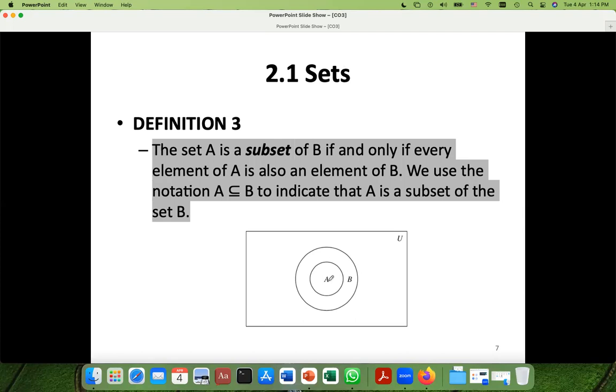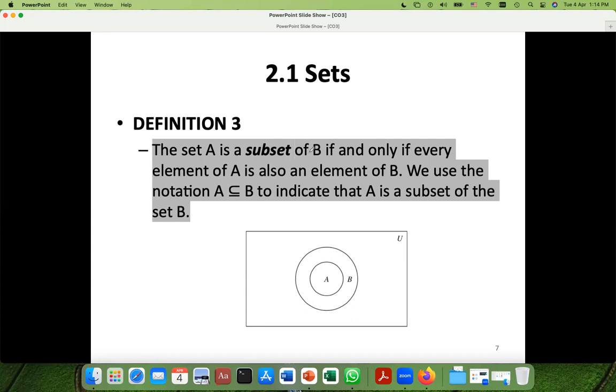It is saying that A is a subset of B. All the elements of A are also existing in set B. So that is the definition of subset.